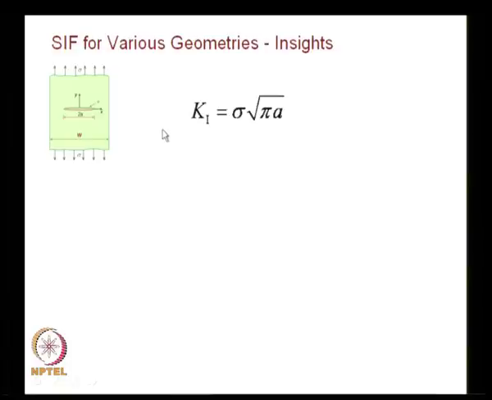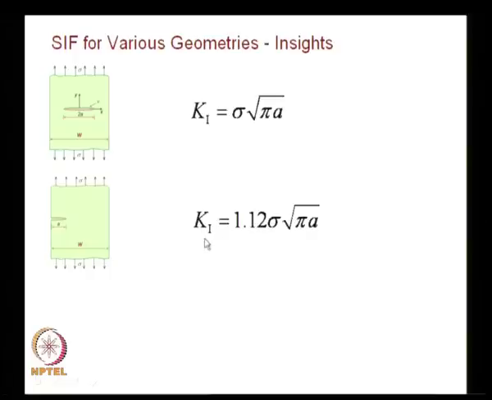The moment you go to an edge crack, we have noted from our discussion, edge cracks have a higher stress intensity factor than a center crack. We had a factor of 1.12. For an infinite plate it will be like this. For a finite plate you will have a function related to a by w or 2a by w, depending on how the result is reported.